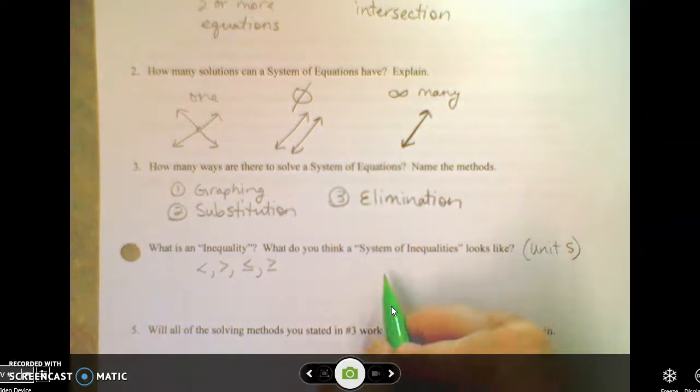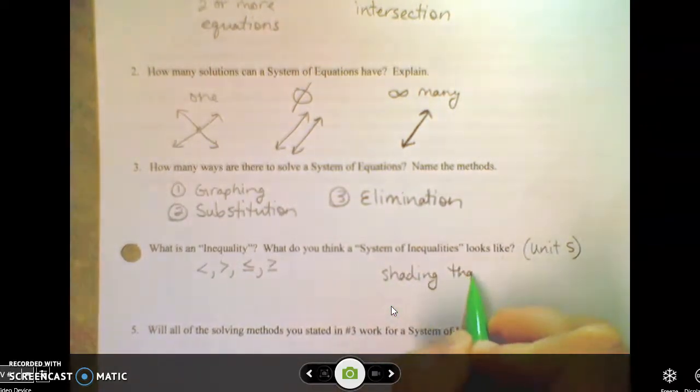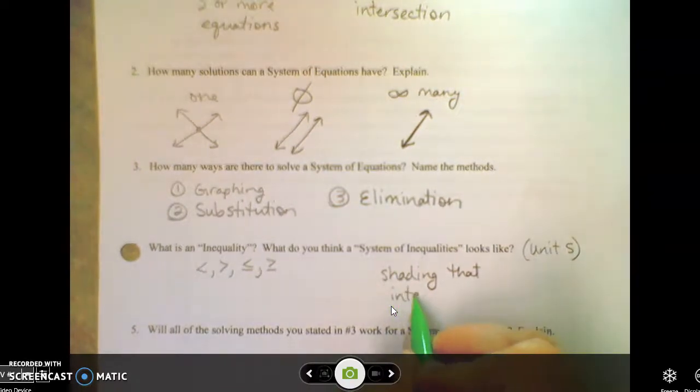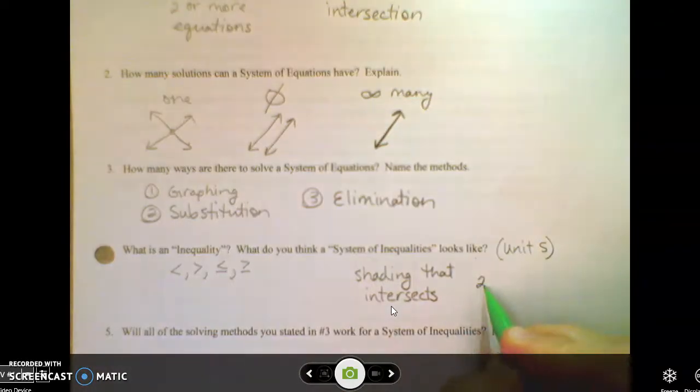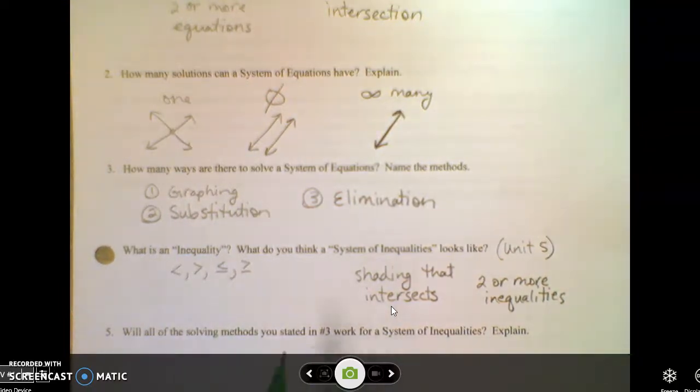Basically, we are going to have shading that intersects, and we are going to have 2 or more inequalities, just like we did with systems of equations where we have 2 or more equations.